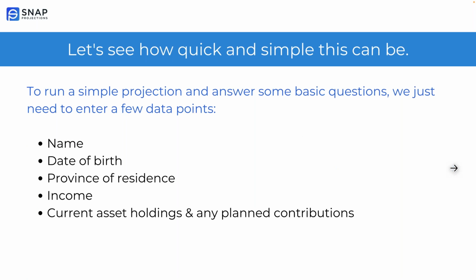To run a simple projection and answer some basic questions, we just need to enter a few data points. Name, date of birth, province of residence, income, current asset holdings, and any planned contributions. That's it. This is one of the key elements that sets Snap apart from other financial planning software.